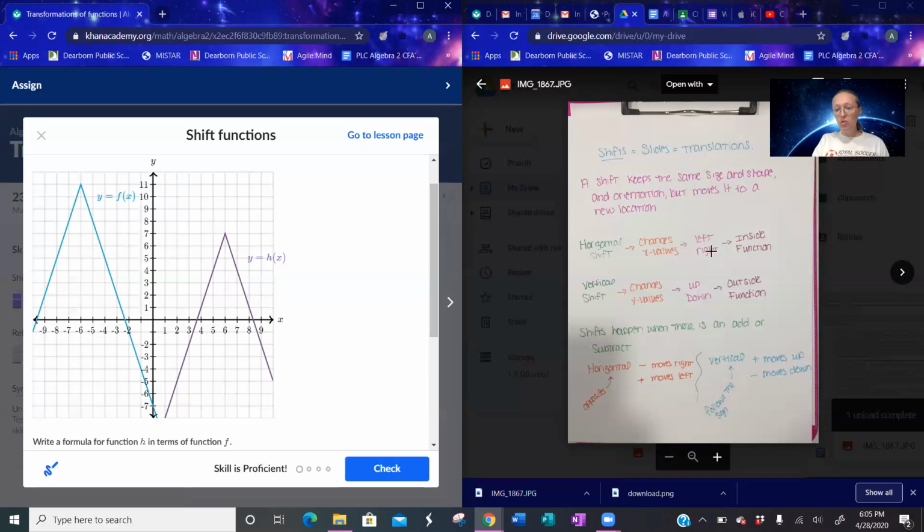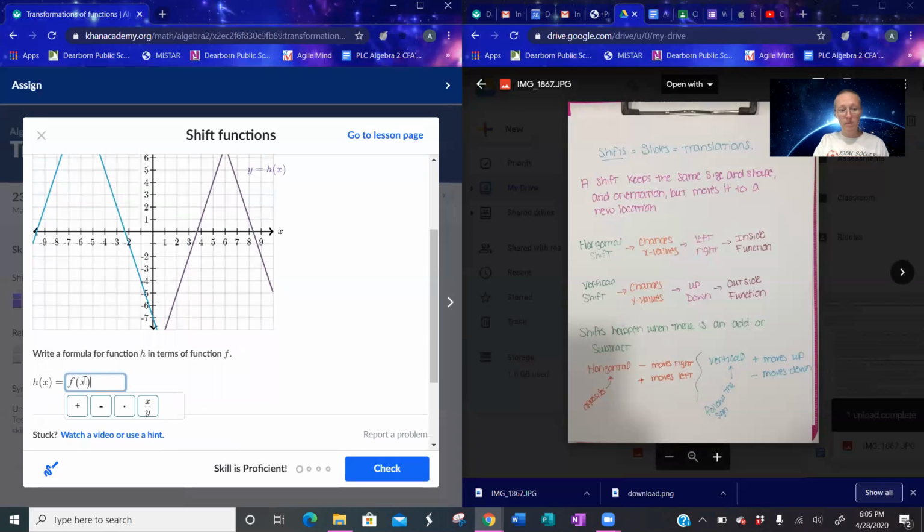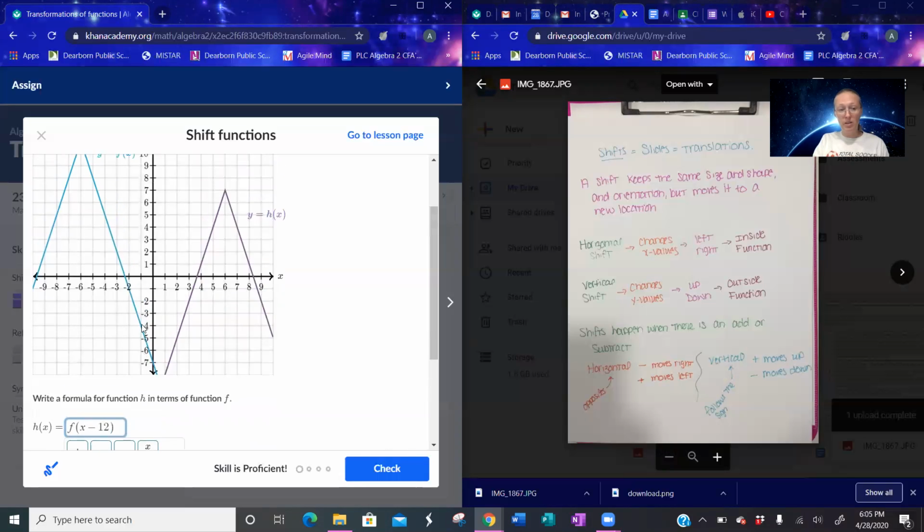Now remember, when it's moving to the left or right, it's horizontal, and horizontal is inside the function. And because I want to move to the right, it's going to be a minus. So watch this. I'm going to go down to here. I'm going to go inside the function, and I'm just going to put my minus 12. Again, inside is horizontal, and it's the opposite. I wanted to move right, so I have to make it a minus.